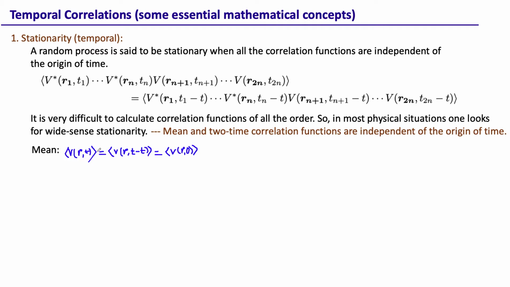So the mean of the function is independent of the time. So at t and at t equal to 0 is the same thing. It doesn't change. Similarly, the intensity also is independent of the time. So what does that mean? Intensity is defined as I(r, t), and this is defined as the ensemble average of V star(r, t) and V(r, t).